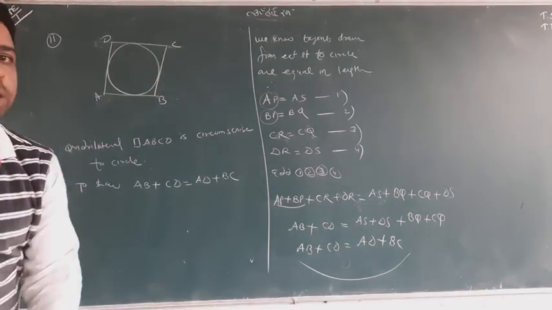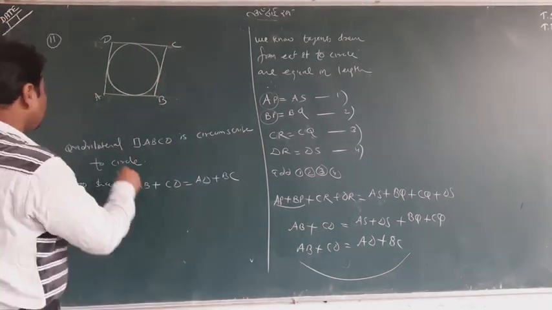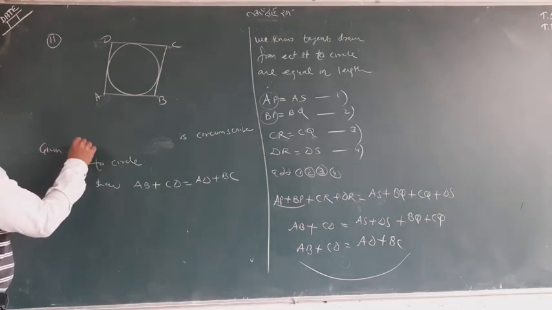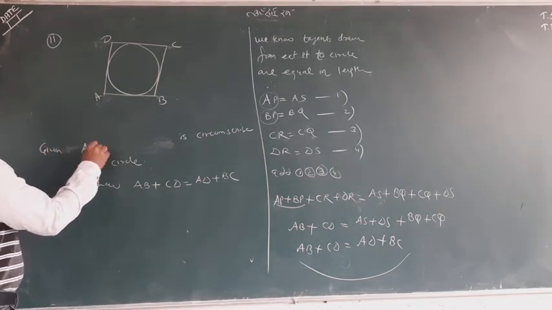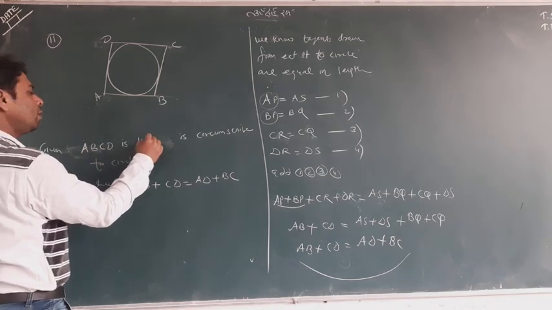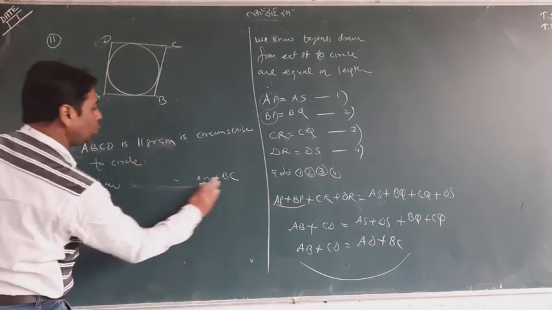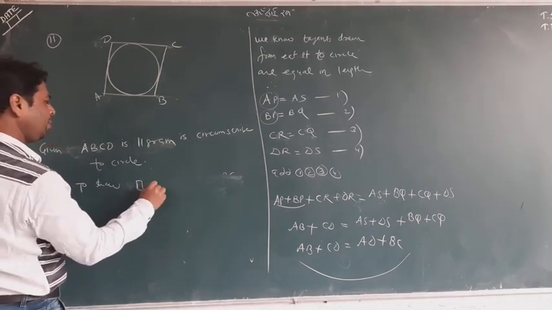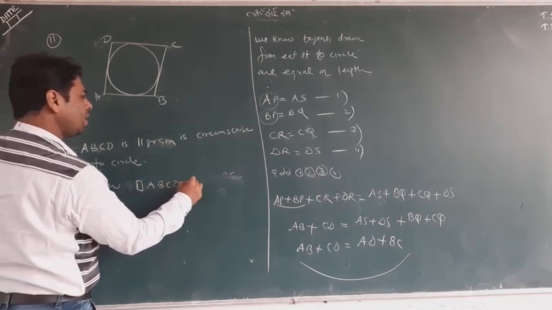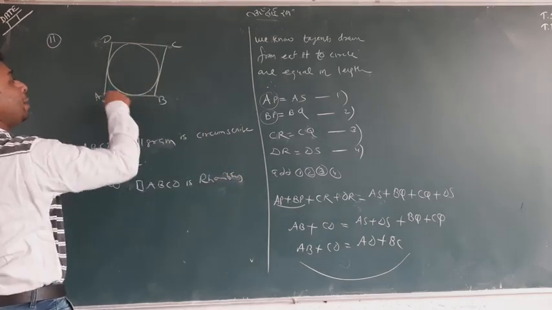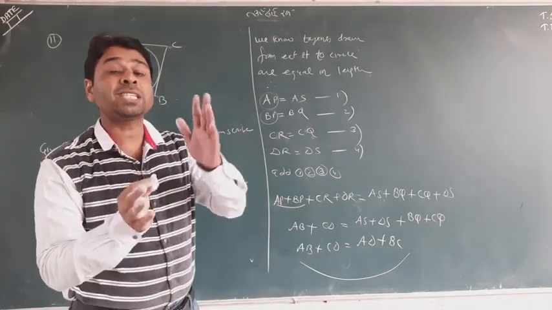Okay. What is given? Given that ABCD is a parallelogram circumscribed to a circle, to show ABCD is a rhombus. I just want to tell you that any parallelogram may be a rhombus when its adjacent sides are equal.